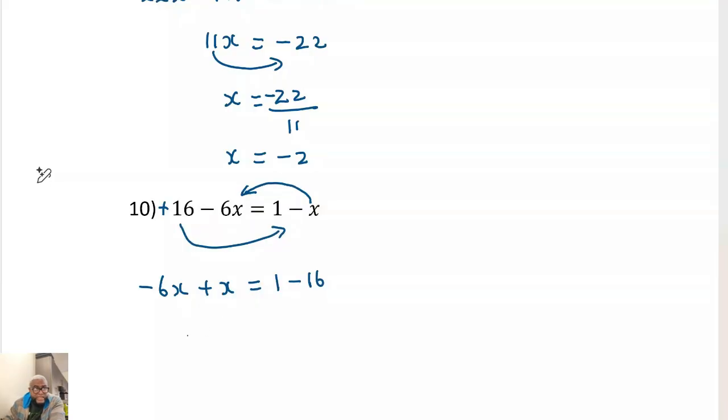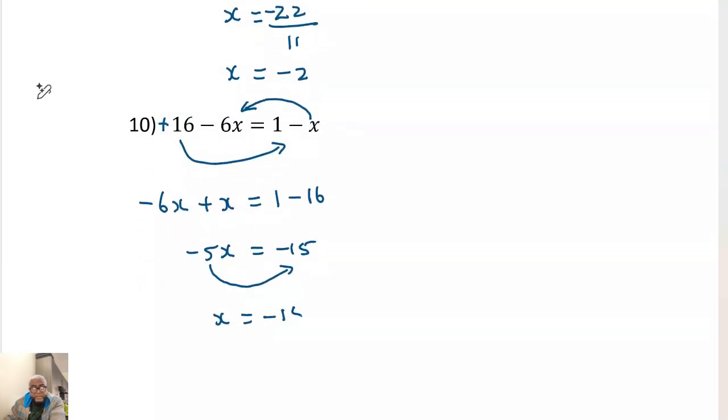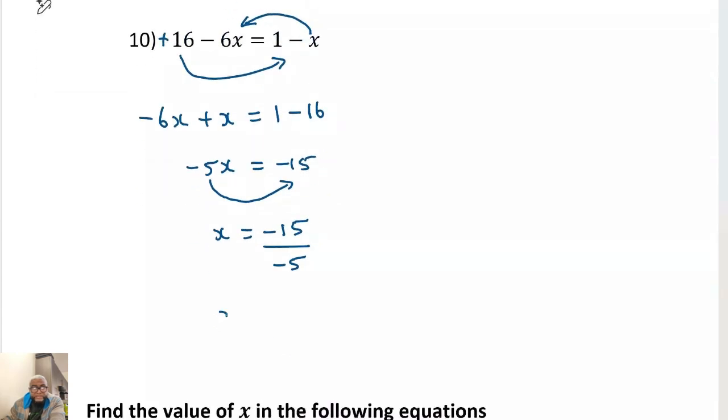Negative 6x plus x will give me negative 5x, and then 1 minus 16 would give me negative 15. What do we do with this negative 5 now? So x will be equal to negative 15 divided by negative 5. X will be equal to, a negative divided by a negative is a positive, 3. Bang.